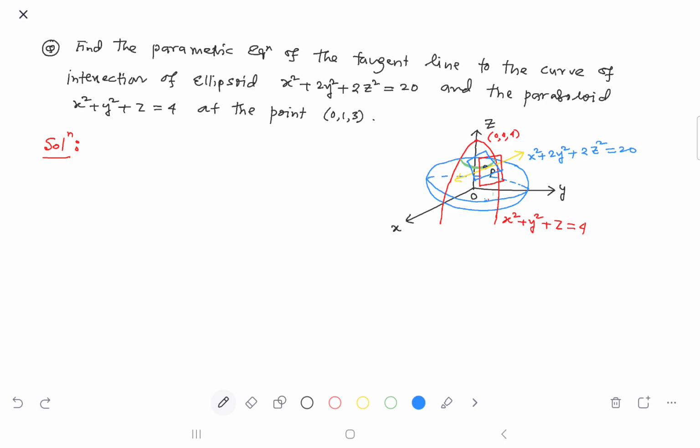You can say it in a different way: if you consider the tangent plane at the point P for both surfaces, then the two tangent planes will intersect along that yellow straight line. Got it? It's a little bit difficult to draw the picture, but I think you are getting my point, right?